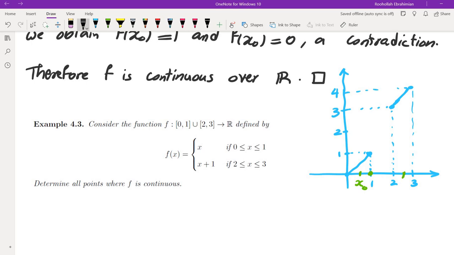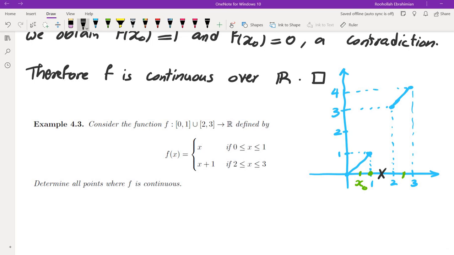And the reason is, if you think about how you would check if something is continuous. The way you check if something is continuous or not, you show that if a sequence approaches x0, then f of that sequence approaches f of x0. If you have a sequence approaching 1, the sequence cannot be here.